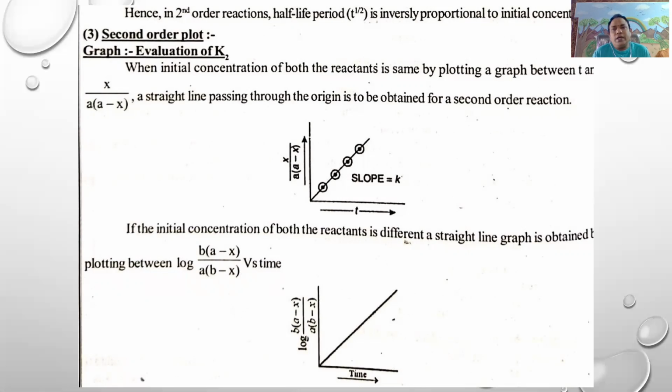Third, for second order, t half equals 1 by K2A, where the second order half-life period is inversely proportional to the initial concentration of the reactants.